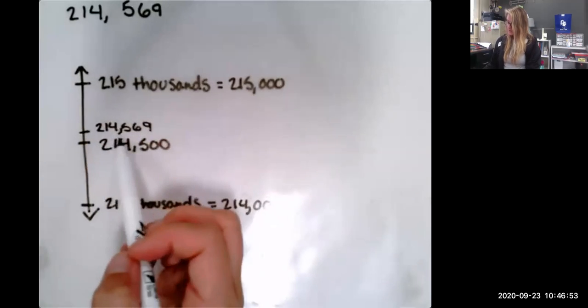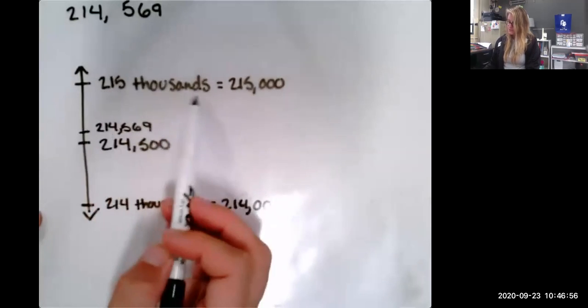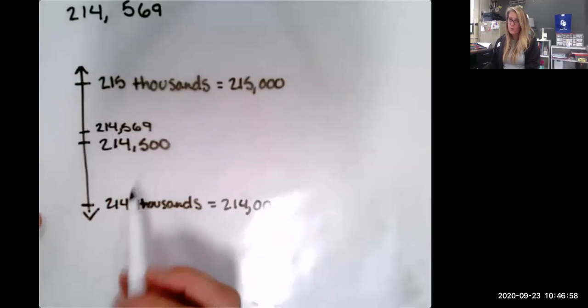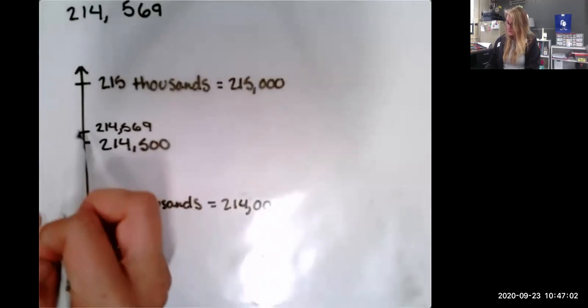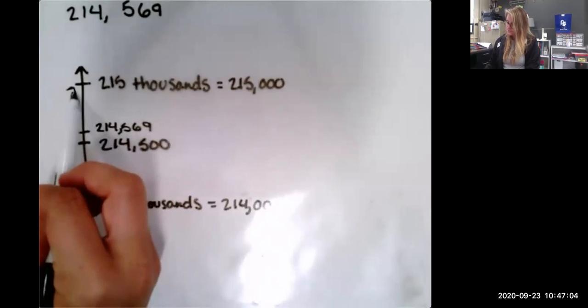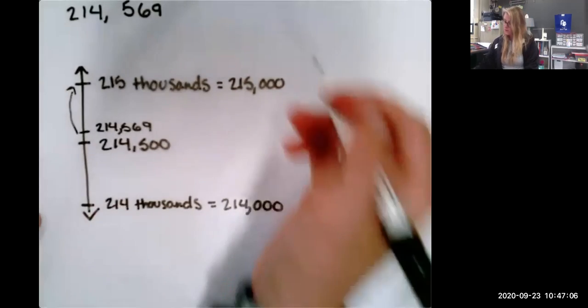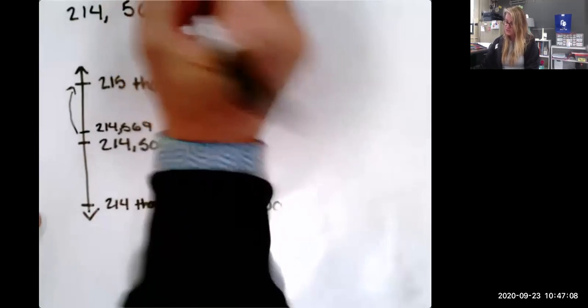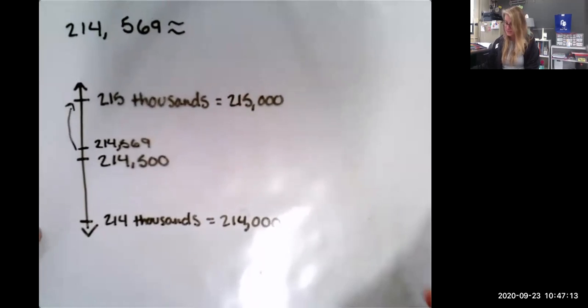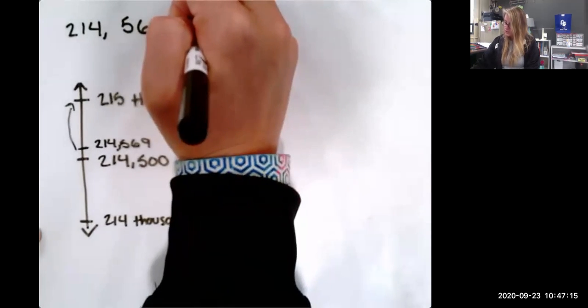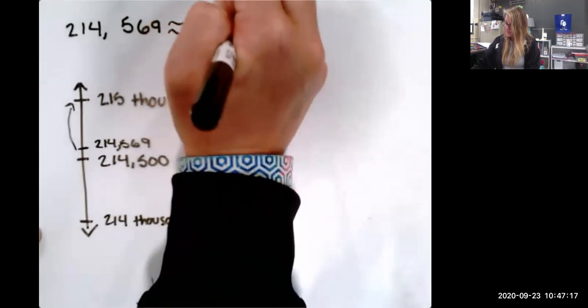Is it closer to 215 thousand or 214 thousand? We're definitely going to round up because it is closer to 215 thousand. So our answer here is 214,569 is approximately 215,000.